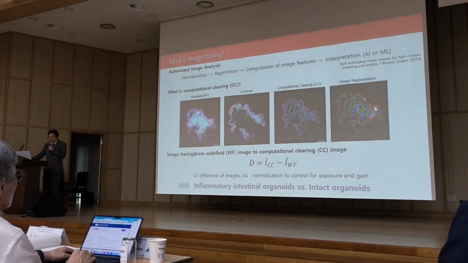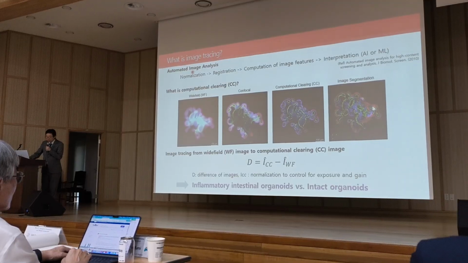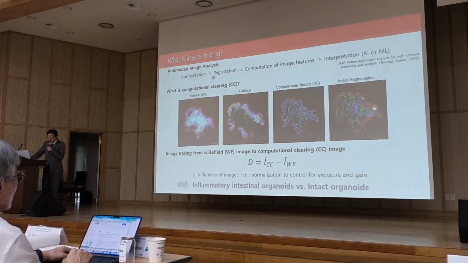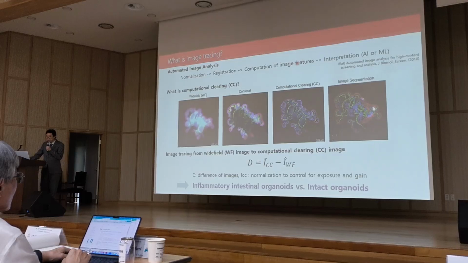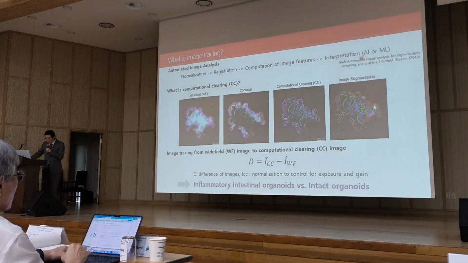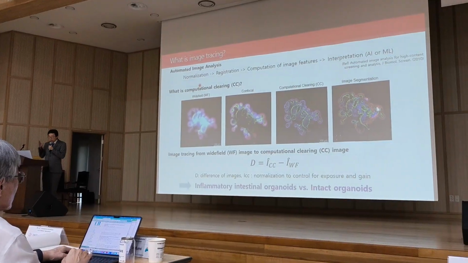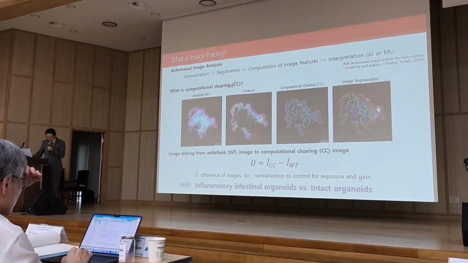These days, there is much automation of image analysis. Normally, it consists of a normal process of normalization, registration, and computation and interpretation by AI and machine learning. Among many automated image analyses, we adopt the computational clearing method.